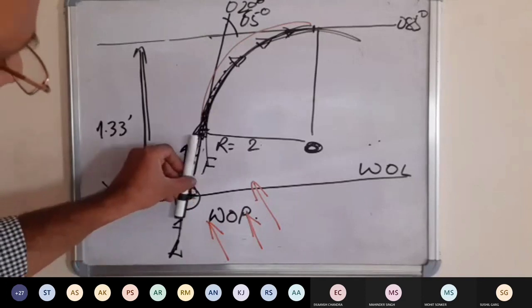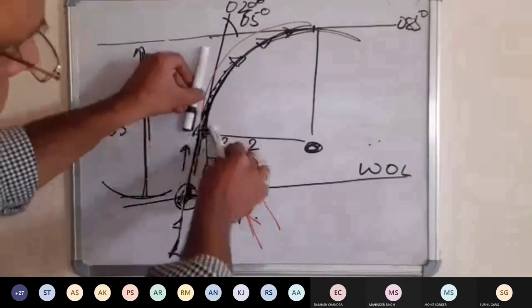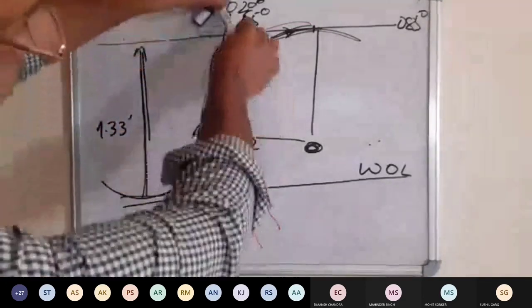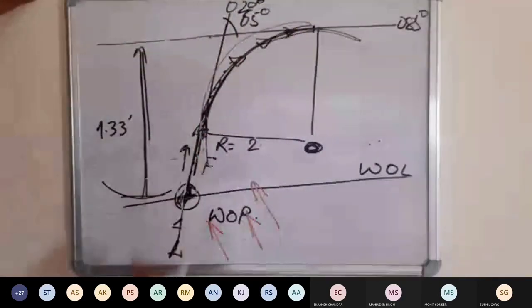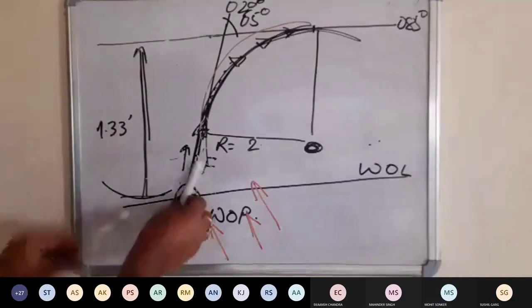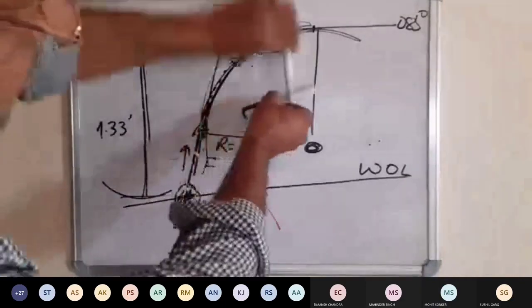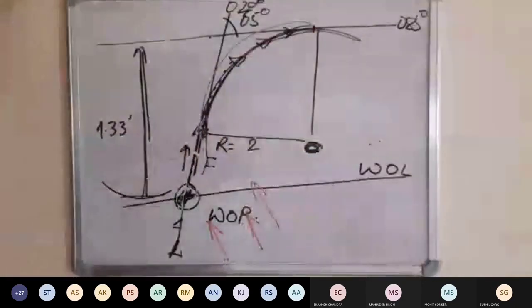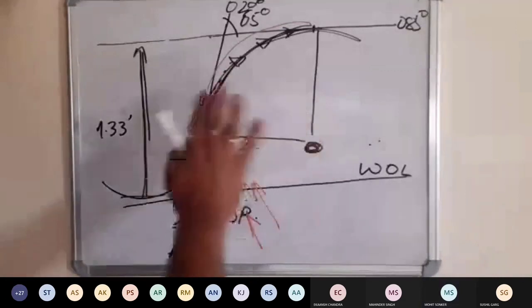When you are turning like this, is the current pushing you like this? Will it take you out of the turn because of the current? Yes, sir. Yes. If you are going like this and there is a current, will it push you inside here? Yes.